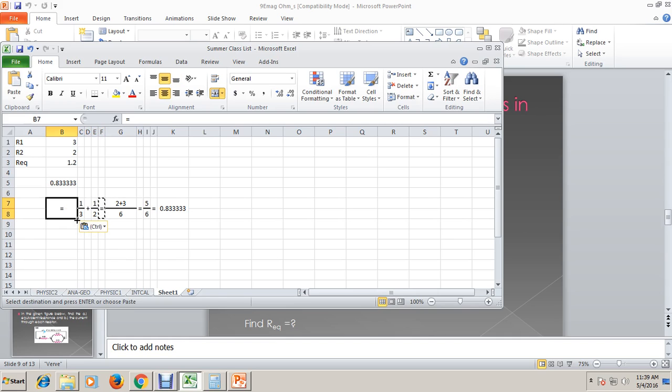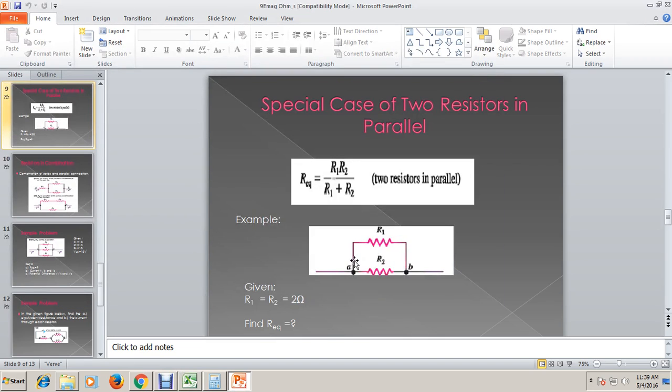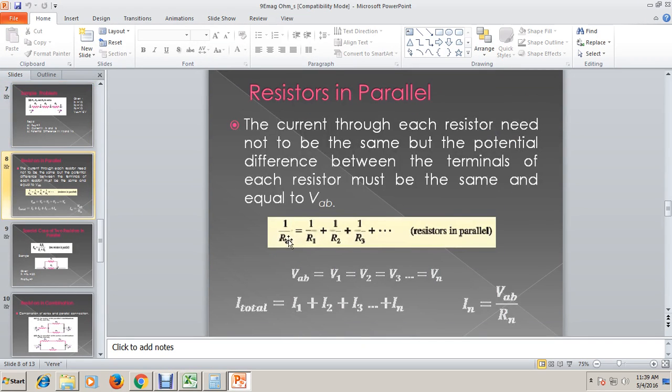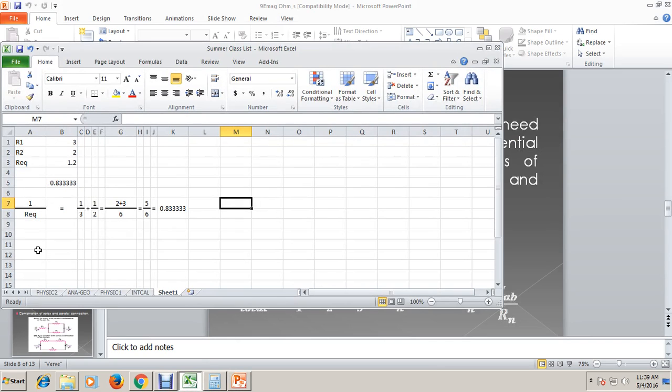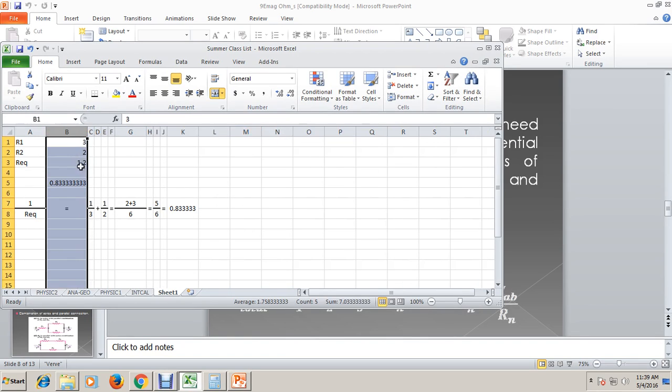But still, this is not equal to R equivalent. This is supposed to be equal to 1 over R equivalent. This is not R equivalent, as provided in the formula that is presented in the PowerPoint presentation. So 1 over R equivalent is 1 over R1 plus 1 over R2 and so on, just like what is illustrated here.